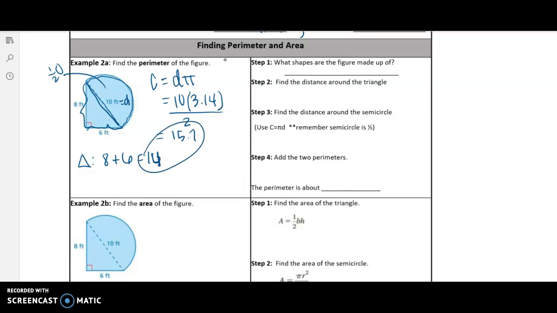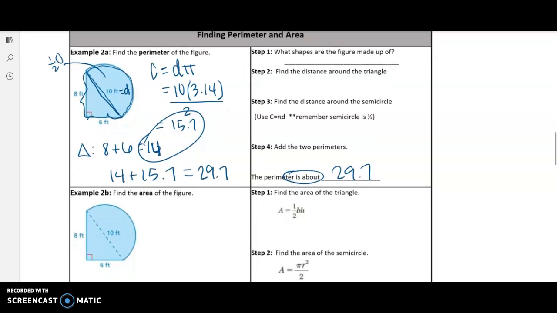And so now I'm going to add these two together, so 14 plus 15.7 is 29.7. And we always say about 29.7 or about whatever it is because we rounded our pi. And so since it's not exact, we're going to use the word about.